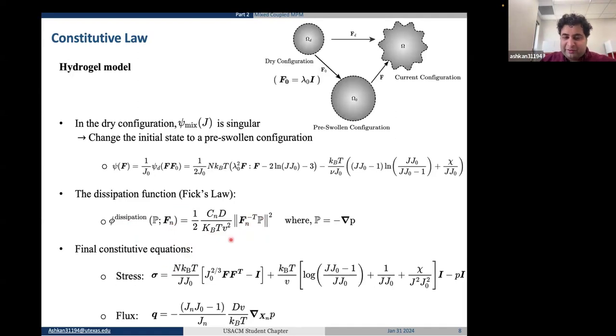So we just assume that it is a function of Fn, not F, for this dissipation term, to make it not dependent on delta U. So we don't have to calculate the derivative of this term with respect to displacement, to make the calculation simpler.